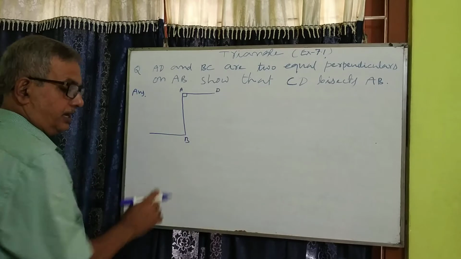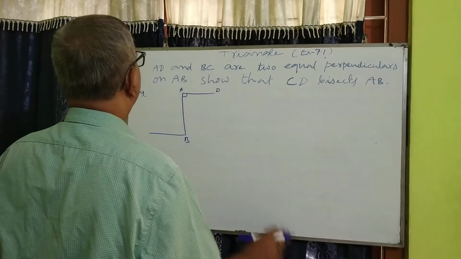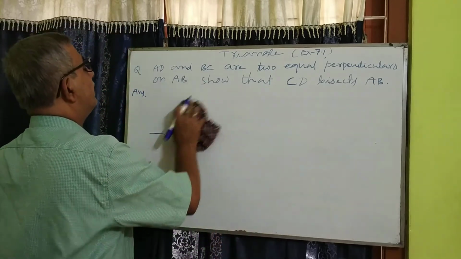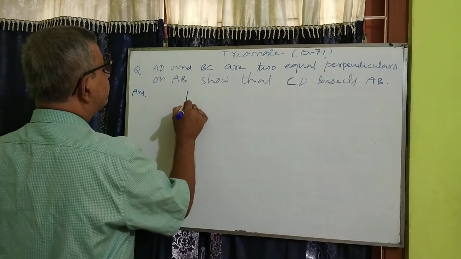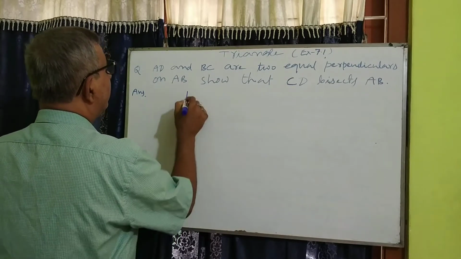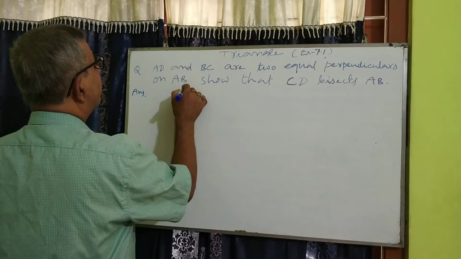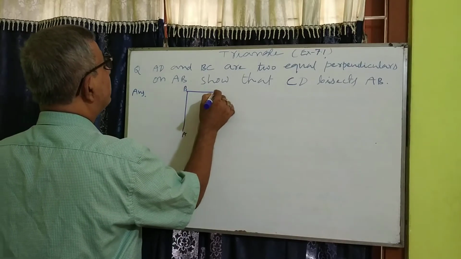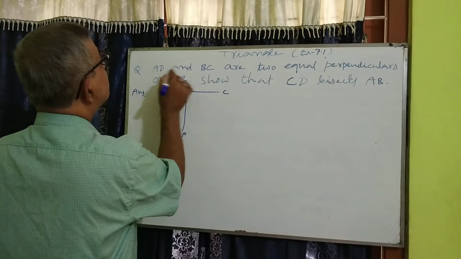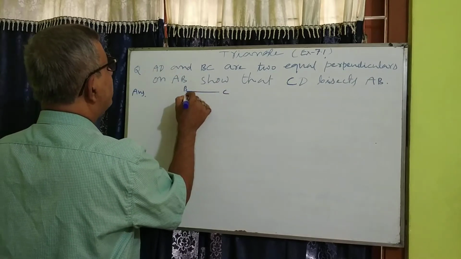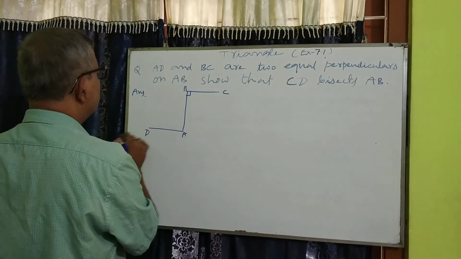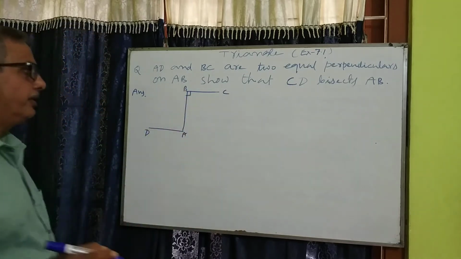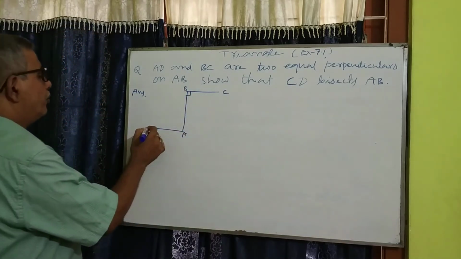I have written like that. I think in the book the figure is given in a different way. Here A, here B, same thing. This is BC, as it is told, BC is perpendicular to AB, and here AD is perpendicular to AB. You may write like this.